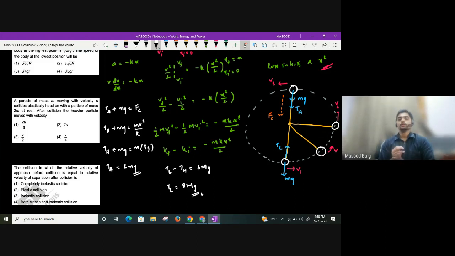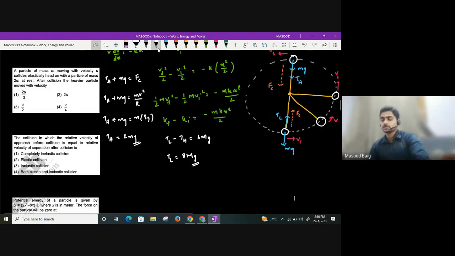Whenever an object is performing circular motion, it experiences a force directed towards the center called the centripetal force. So at the lowest position, the equation is TL minus mg equals the necessary centripetal force at the lowest point.